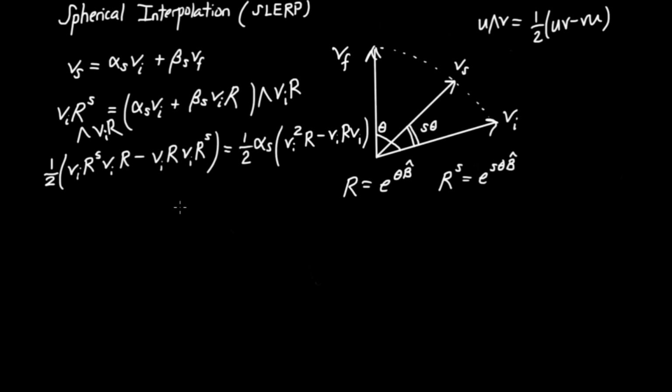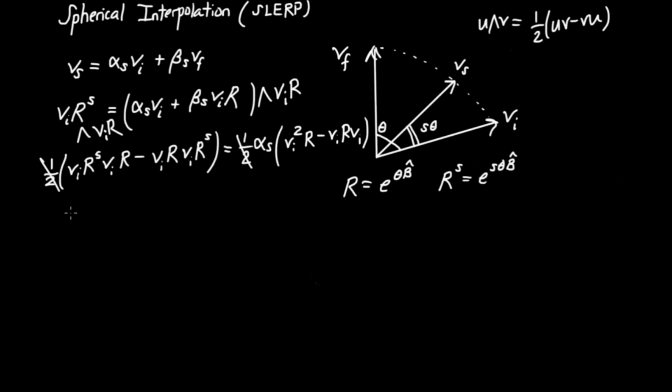Looks pretty complicated, but it's actually going to simplify once we use those algebraic properties. Let me get rid of those 1/2s on both sides. The first algebraic property I'm going to use is to swap VI and R to the S power. Now remember, when I swap the order of those two, I just have to add the dagger in there.